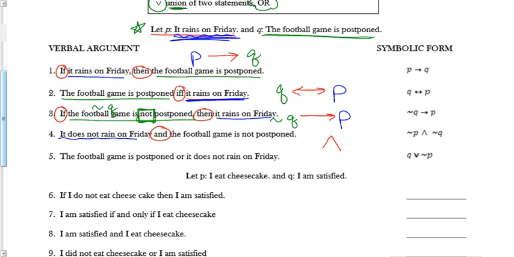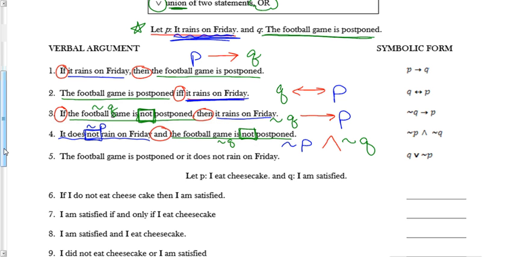So that's close to my P except for this word not right here, which tells me I'm going to have this tilde and then the P. So tilde P, and I read that as not P. Then the football game is not postponed, and there's that not again, so I have a not Q for that. So I would read that not P and not Q.